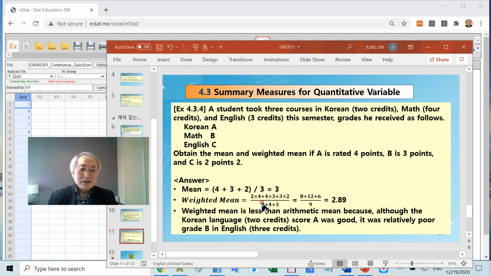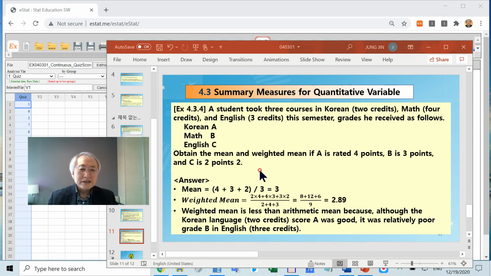Okay. 2 times 4. 4 comes from the A grade having 4 points. And then this is the credit hour of mathematics multiplied by the B letter grade, which has 3 points. The third one is 3 credit hours of English multiplied by the C. She has 2 points.